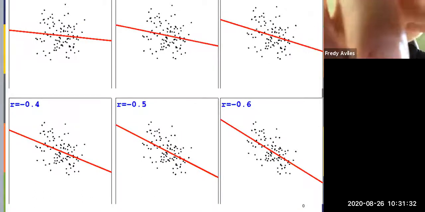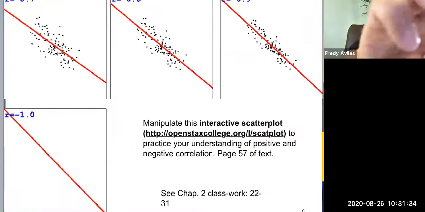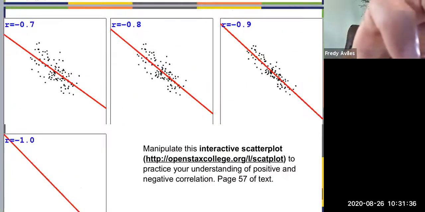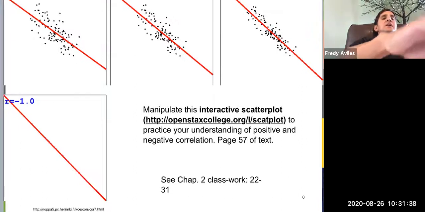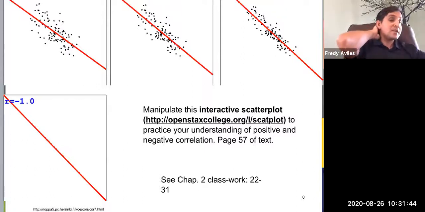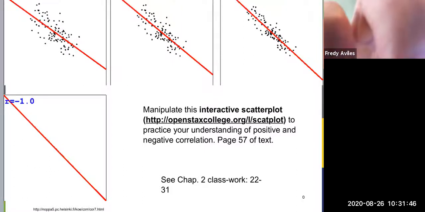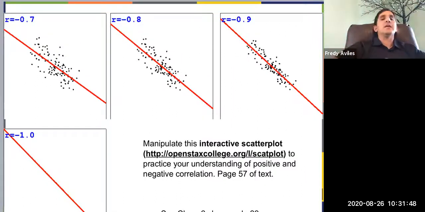When we get to R equals -1, you can see that again, the points are perfectly clustered along the line there, except now it's a line with a negative slope. And what that means is that if I know one thing, I know exactly what the other thing is going to be, except that it will be the reverse, I should say.